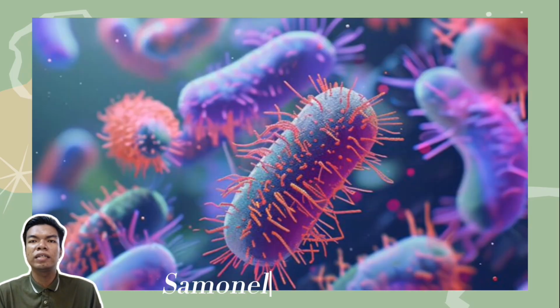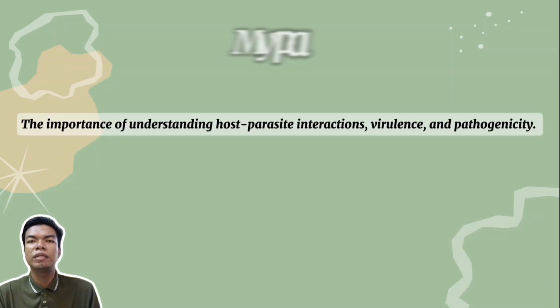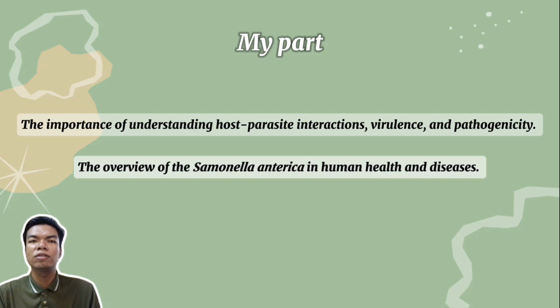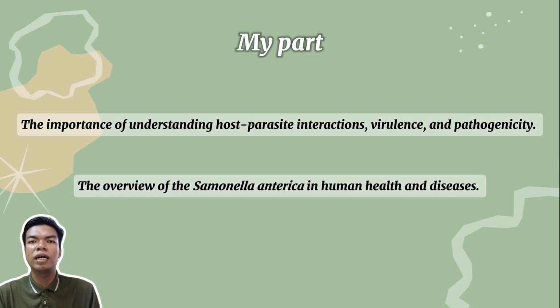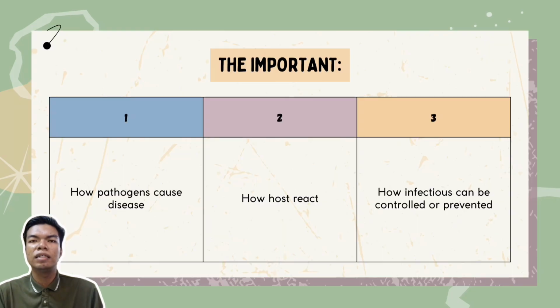My group will discuss Salmonella enterica, and I will share about the importance of understanding host-parasite interaction, virulence and pathogenicity, and also the overview of Salmonella enterica. It is important to understand how pathogens cause disease, how hosts react, and how infections can be prevented or controlled.